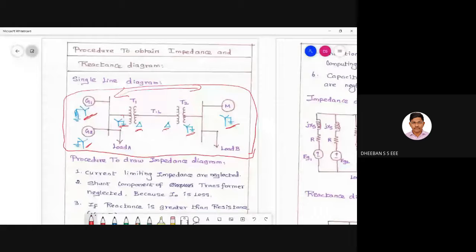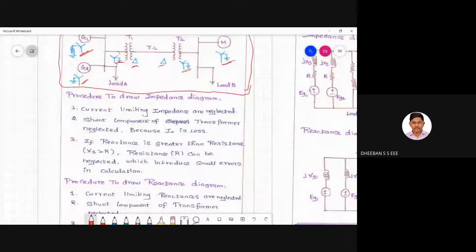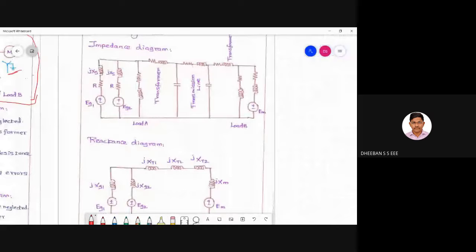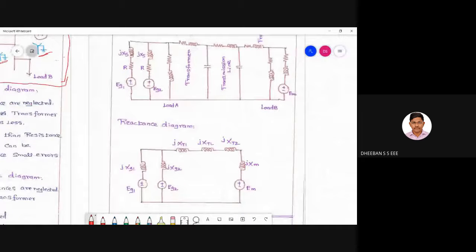Okay, so now moving on to the procedure, how you can represent this single line diagram in this kind of impedance diagram. This is the impedance diagram, and this is the reactance diagram. Basically, in your reactance diagram, you will be omitting both resistance and capacitance.